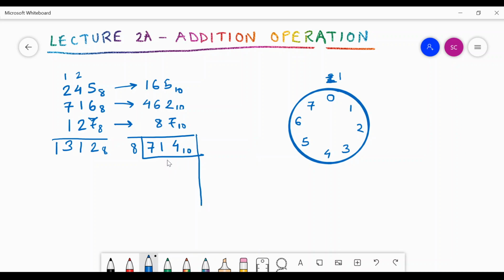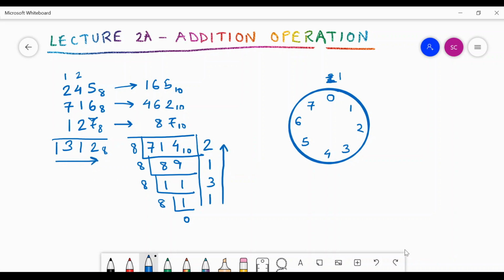When you do the division, you will see that this is 8 and then 9, and you have 2 as remainder, then 8, 1, 1, you have 1 as remainder, 8, 3, 1 and 3 as remainder, and 8 getting 0 and 1 as remainder. So the number is 1312, 1312. Same. So in this way, you should always double check your results, at least in the beginning, whether you are doing it correctly. So this is about octal addition.